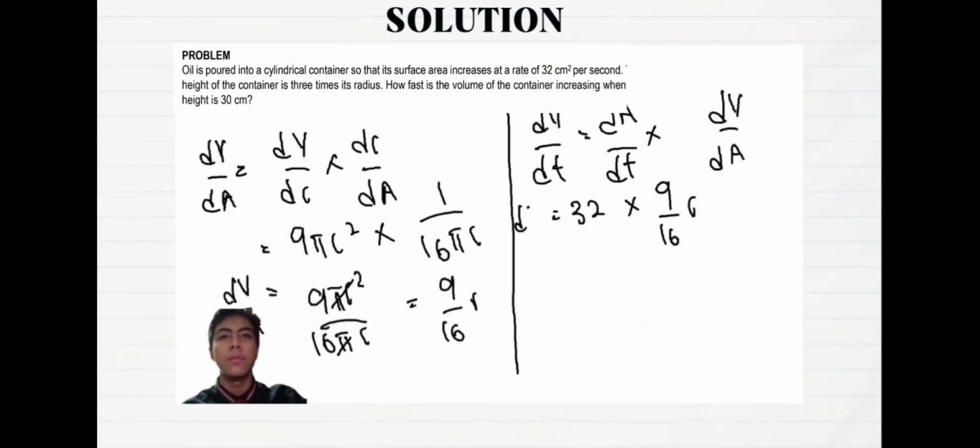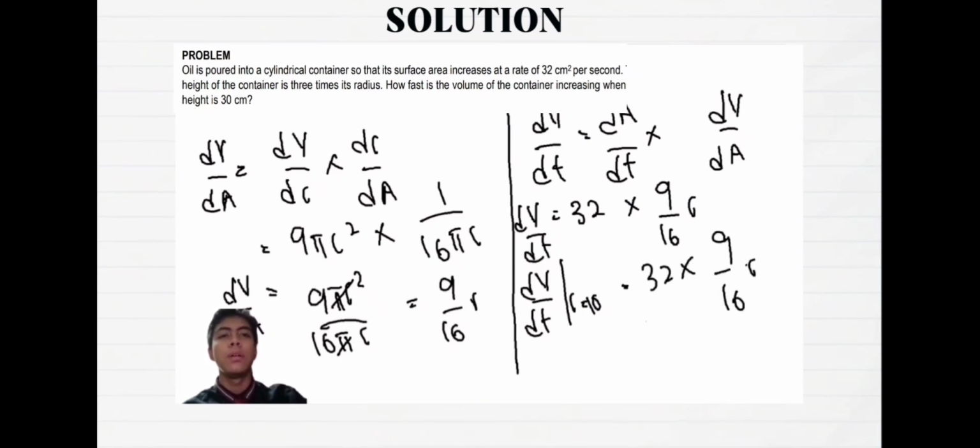This is for dV/dt, and we substitute r with 10. Then we get 32 times 9 over 16 times 10. On this we get dV/dt equals 180. Since it is volume over time, we write it as centimeters cubed per second.